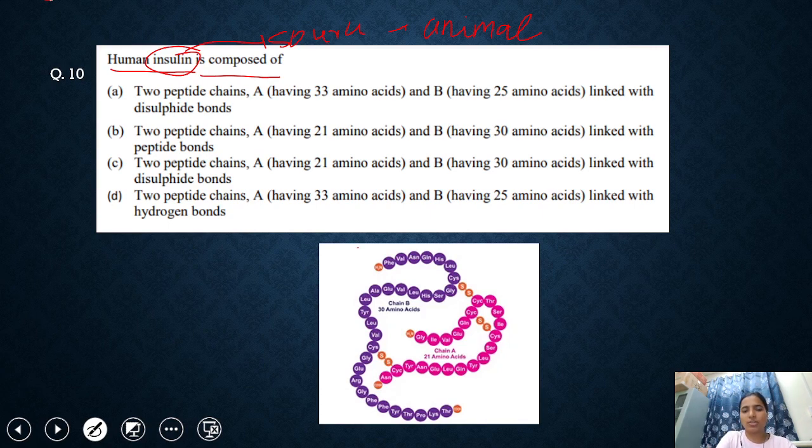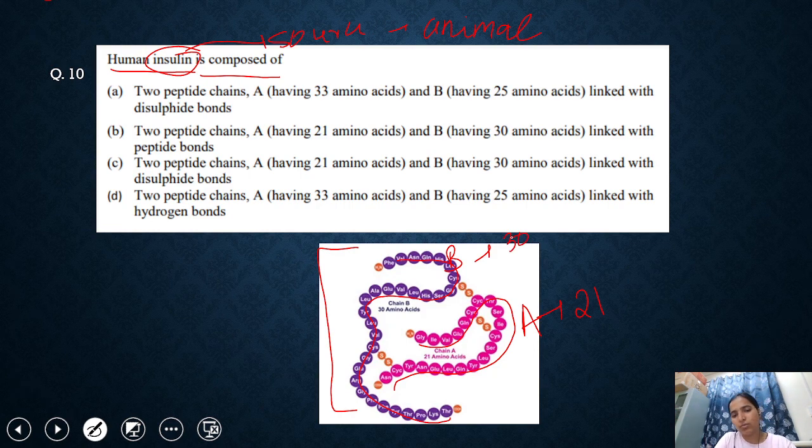This is the structure of insulin. This pink one is the A chain, and this purple one is the B chain. In the A chain there are 21 amino acids, in the B chain there are 30 amino acids.